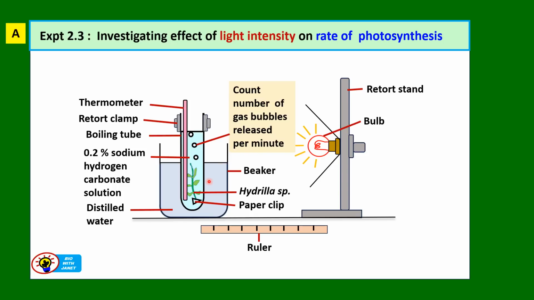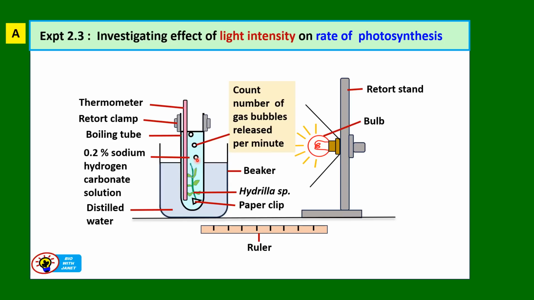Now take 3 readings or 2 readings to obtain an average after that. Okay, so that means when you are ready to start counting, you have to start the stopwatch first. Start the stopwatch so that you can count 5 minutes. And then after that, as the bubbles are released, you count 1 bubble, 2 bubbles, 3 bubbles, and so forth, until your 5 minutes is up. Then you stop. Then you jot down the number of gas bubbles released in 5 minutes.